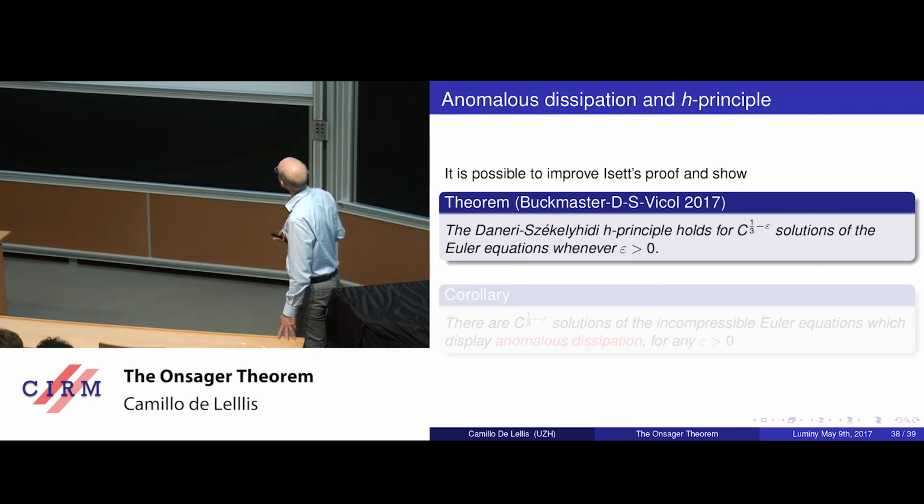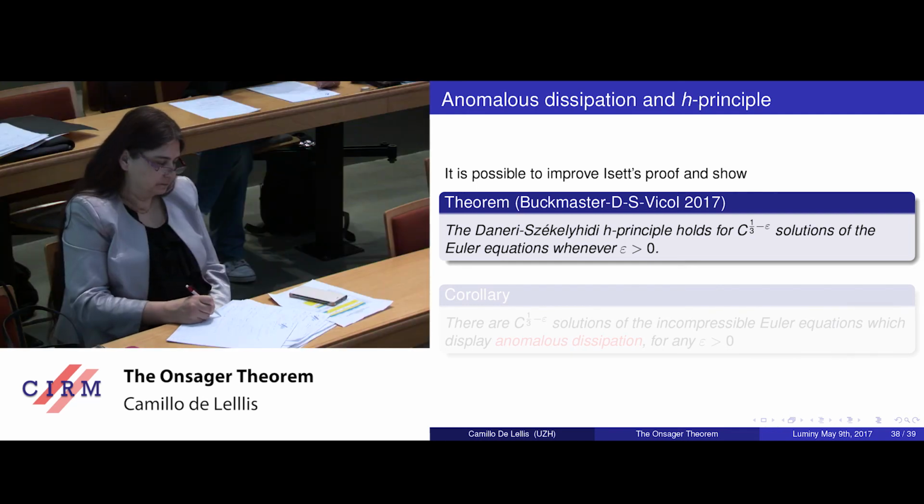Okay, so a final touch. It is actually possible to improve his proof and show that the same H principle of Sarah and László holds for this C^(1/3 minus epsilon) solution. Of course, epsilon has to be positive, so we don't know what happens at the critical exponent.